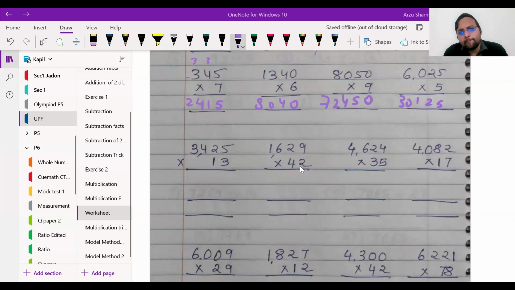Sujal, check your answer again. Yes, guys, quickly. Swastik, there is a mistake. Check again.